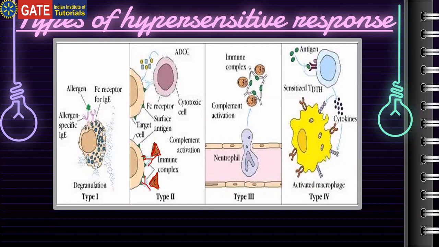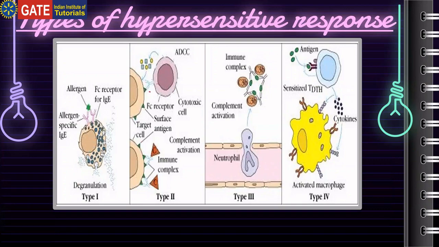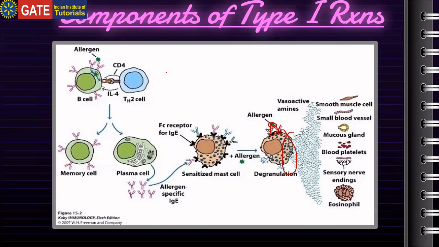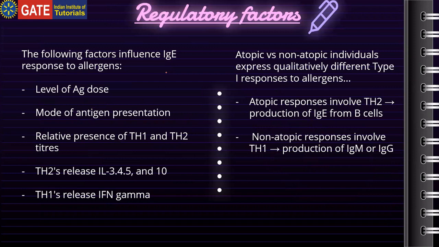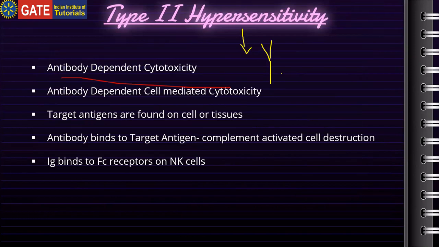So in one line, what I want to conclude is that in type 2 hypersensitivity, if the targeted cell wants to be destroyed, there must compulsorily be the presence of antibody. That's the reason we call it antibody mediated hypersensitivity. Correct?